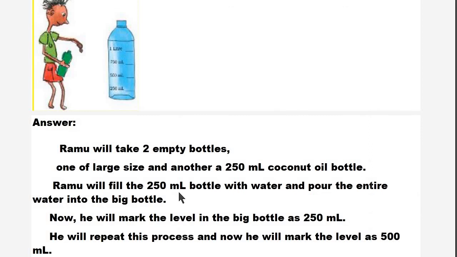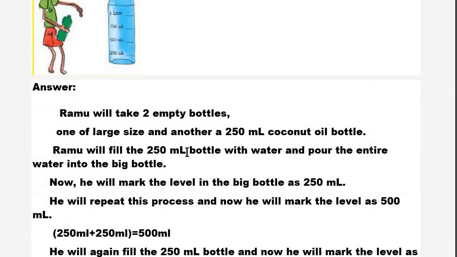Ramu will fill the 250 ml bottle with water and pour the entire water into the big bottle, and afterward mark it 250. The second time he fills this bottle and pours it here, and marks 500. The third time Ramu fills and pours this water here, then he gets 750. And one more time he fills and pours, then it is 1 liter.